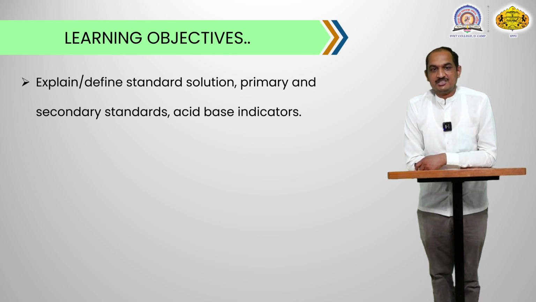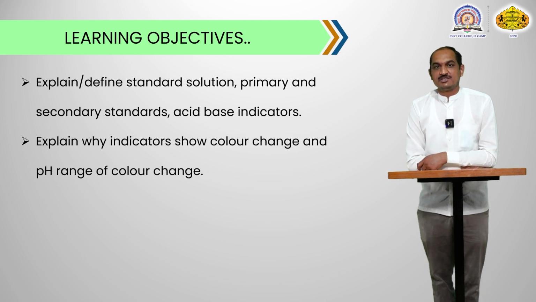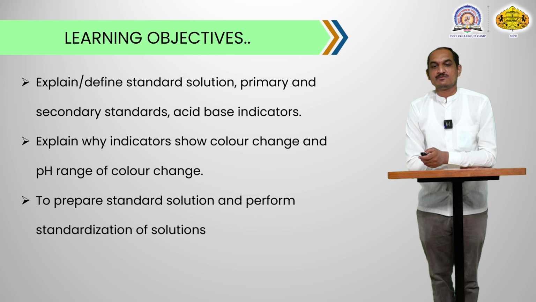By this session, students are able to define the standard solutions, primary standard substances, secondary standard substances, then acid-base indicators. Students are also able to explain why an indicator shows color change and the pH range of color change for the indicators.